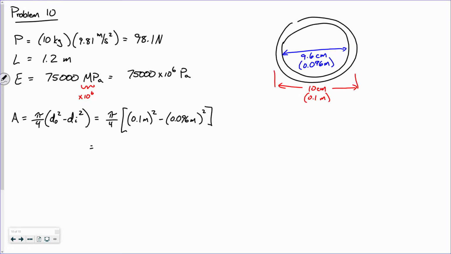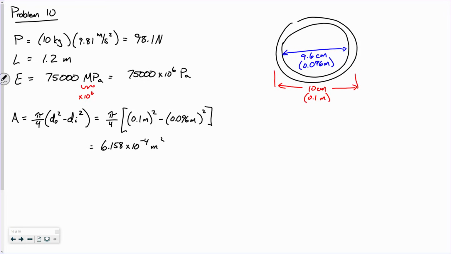What's that? 6.158 times 10 to the minus 4 meters squared. Sound good? Okay, everybody all right with this?